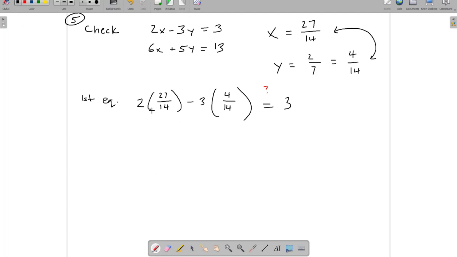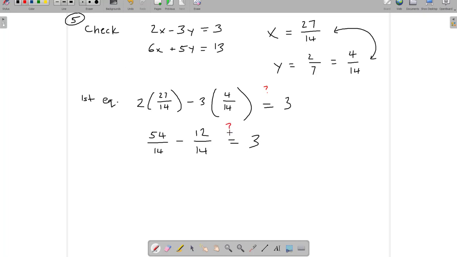So instead of reducing again, I'll just multiply straight through. The numerators get multiplied. 2 times 27, that should be 54 over 14. Minus 3 times 4, that's 12 over 14.